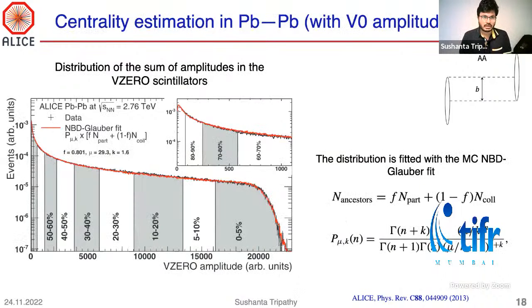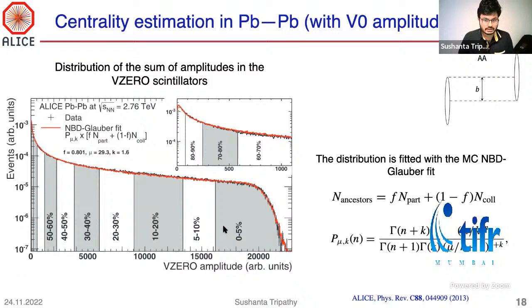So there are two methods by which we obtain the centrality. One is with the V0 amplitude. We have a V0 detector on both sides of the ALICE detector, A and C. We obtain the distribution of the sum of amplitudes in both the V0 scintillators, and we get this kind of distribution.